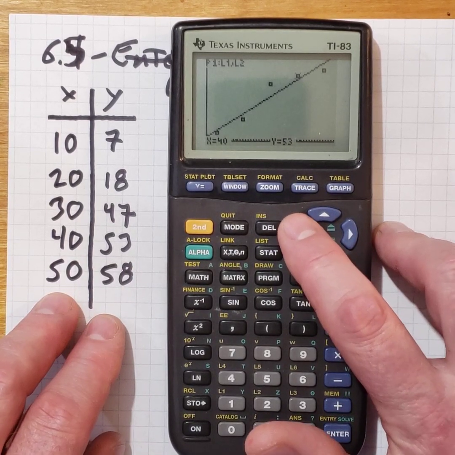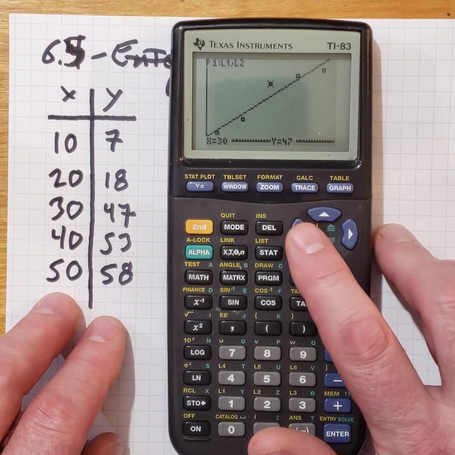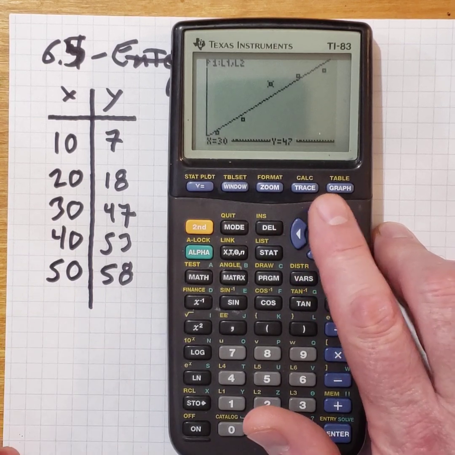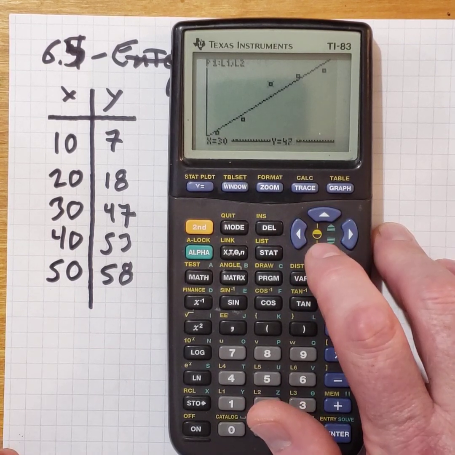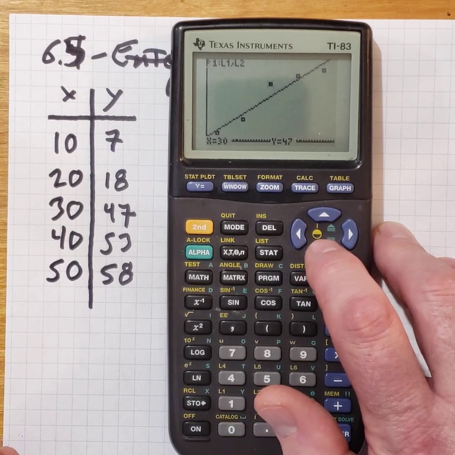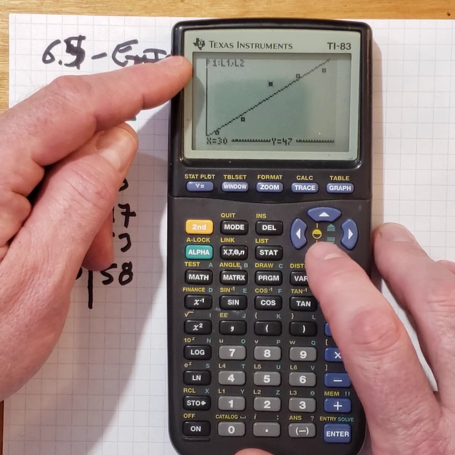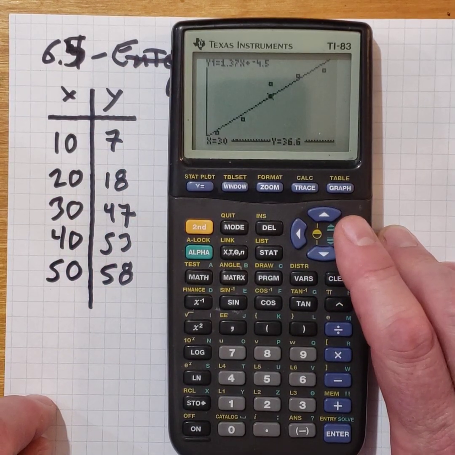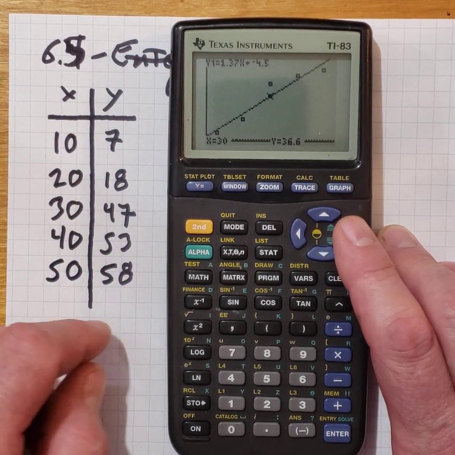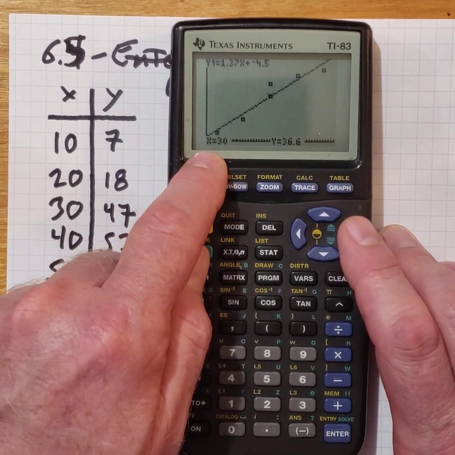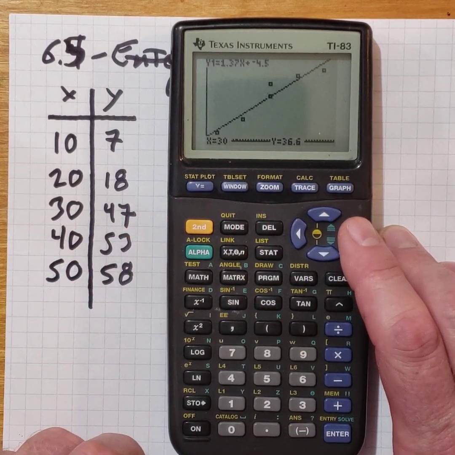I don't want to use the points though, I want to use the line. So to get from the points to the line, I'm going to hit either my up arrow or my down arrow. It scrolls between showing the line and the points. So if I hit my down arrow there, I'm looking at a point on the line and it's saying 30, 36.6.